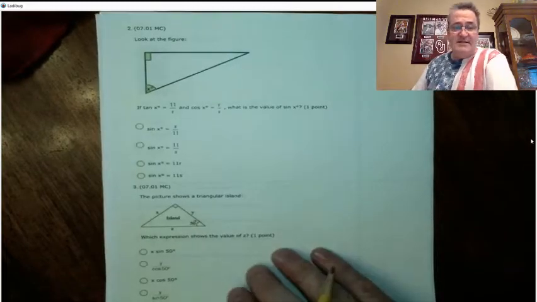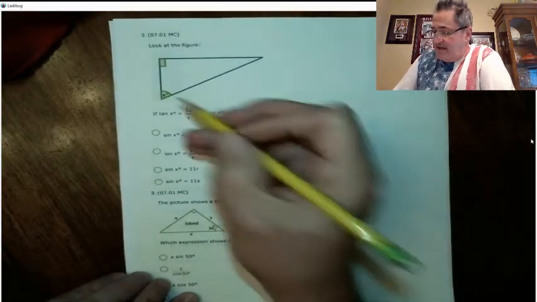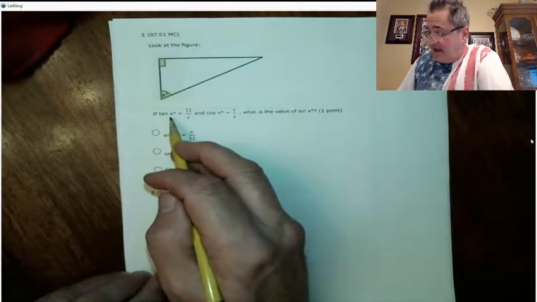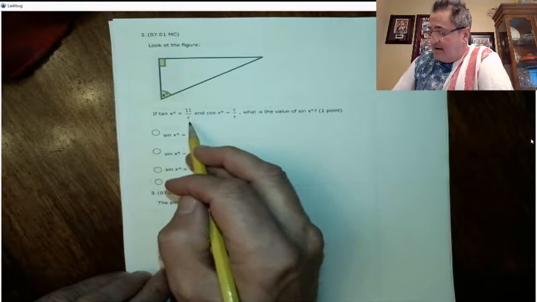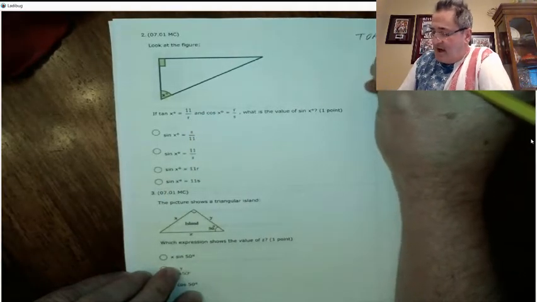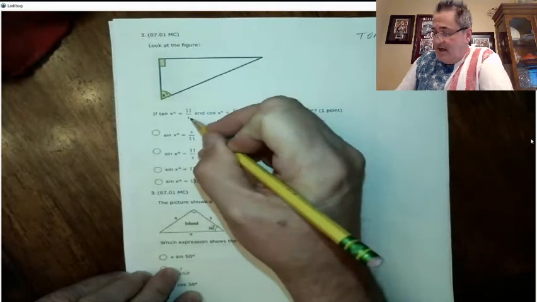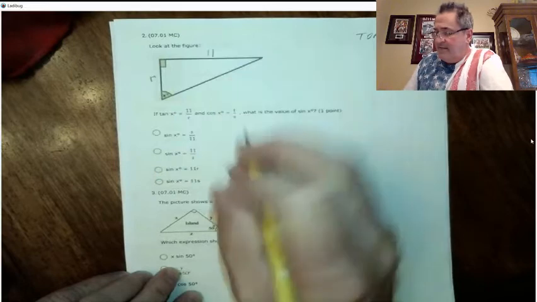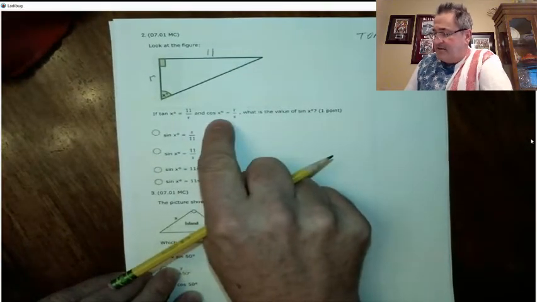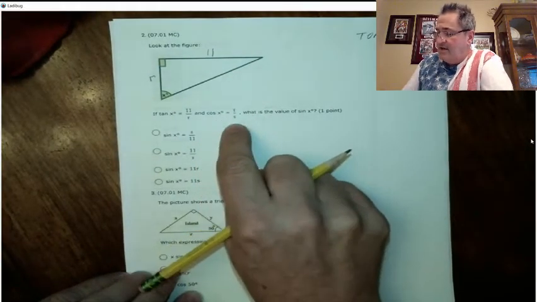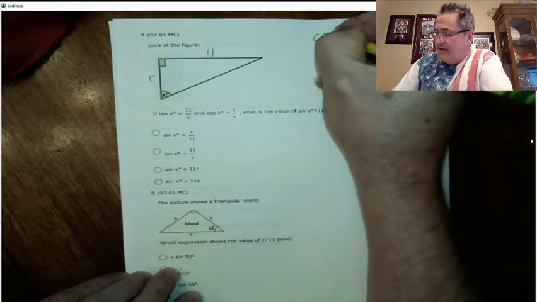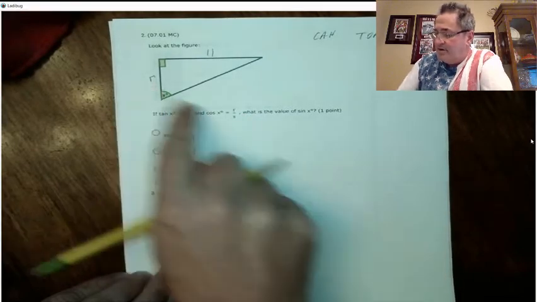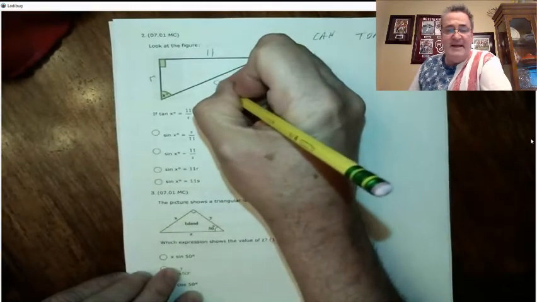All right, let's look at this next figure. We have angle x, and it didn't give us any side lengths. But it says the tangent of x degrees is 11 over r. Remember, tangent is opposite over adjacent. And the cosine of x degrees is r over s. Cosine is adjacent over hypotenuse, so the hypotenuse must be s.